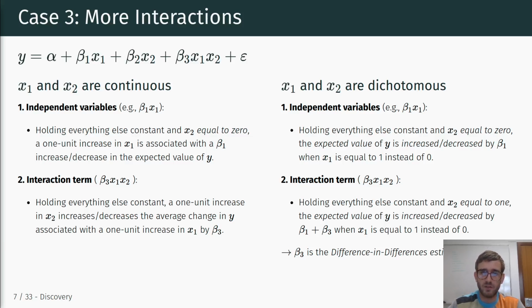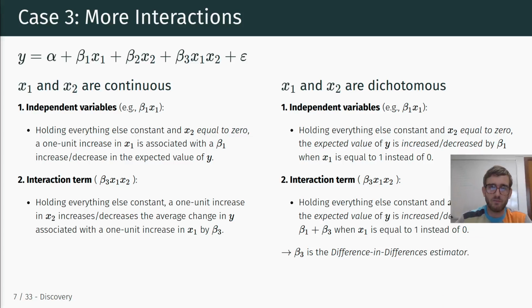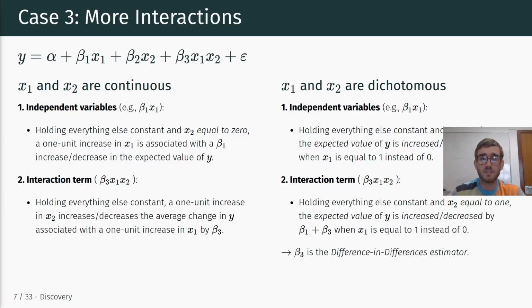And one thing that is important to note, I'm just mentioning this because we talked about difference in differences before. If you go back to our discussion of the logic behind the difference in difference estimator, beta 3 is essentially the difference in differences estimator, right?